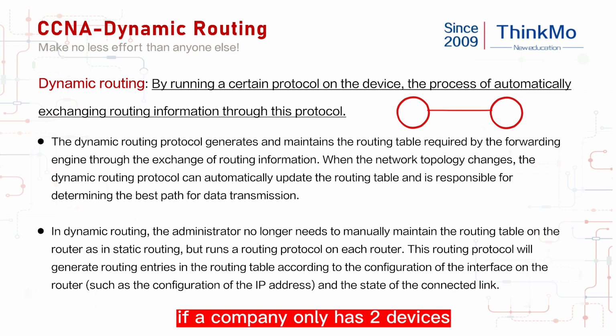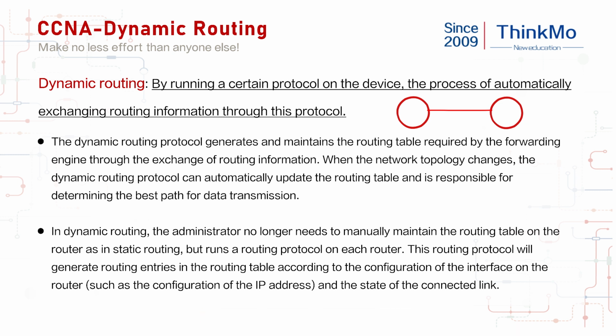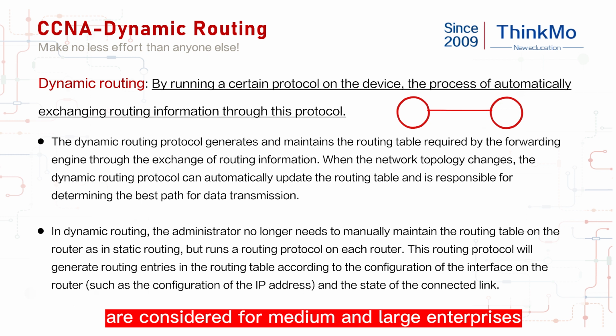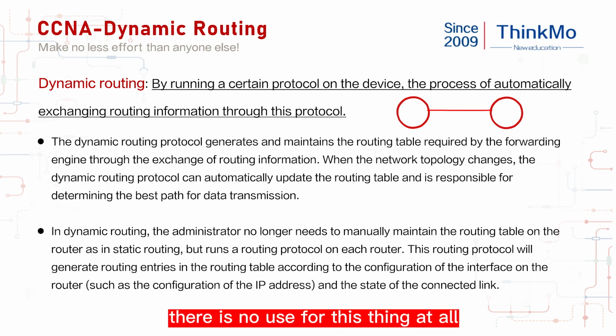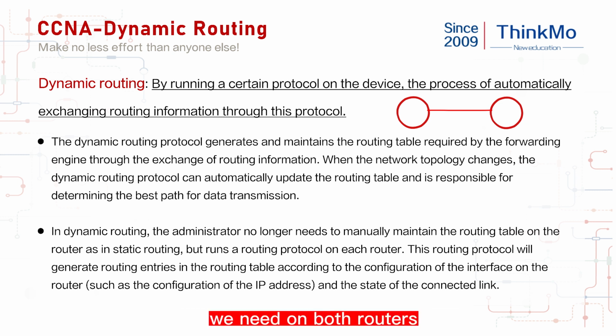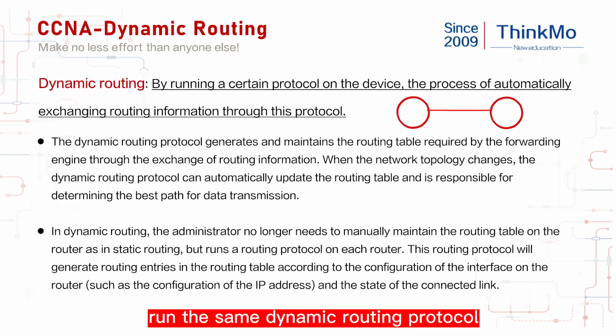If a company only has 2 devices, usually go static. So dynamic routing protocols are considered for medium and large enterprises. If it is a small business with just a router, there is no use for this at all. We need to run the same dynamic routing protocol on both routers.